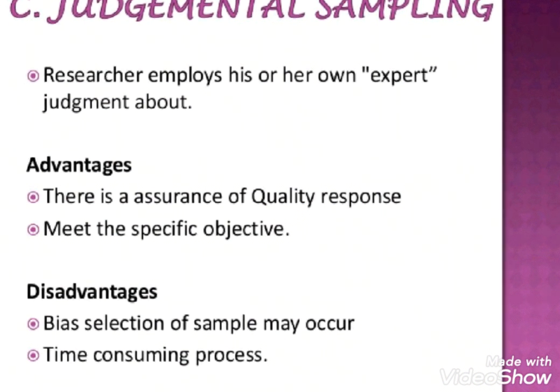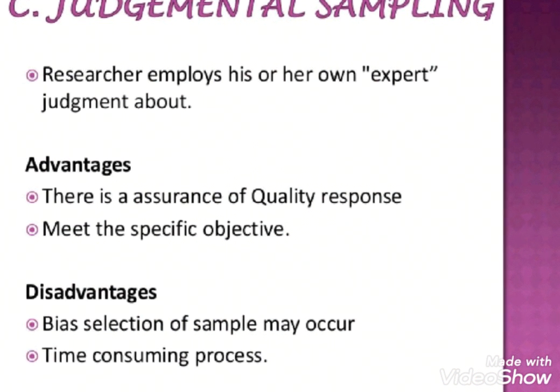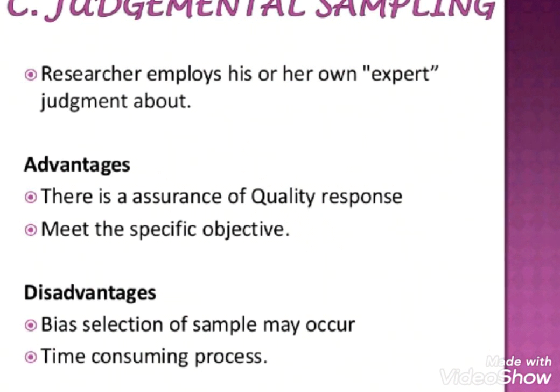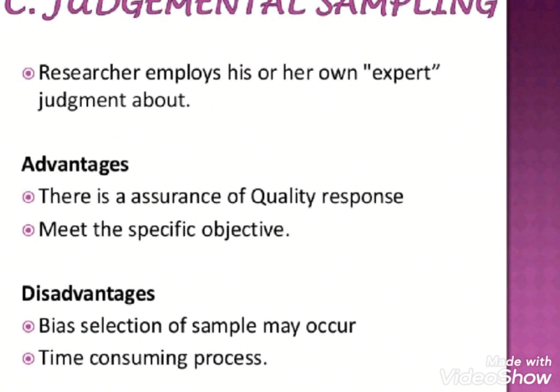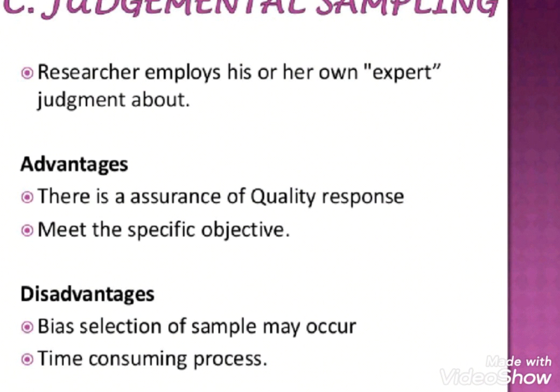Then disadvantage: biased selection of the sample may occur. Since you are going for some particular judgmental selection, it may cause bias differences in sample selection. Then it is a time consuming process, it takes a little time because you don't easily get the particular samples you are searching for.